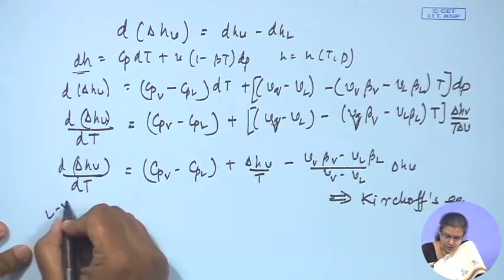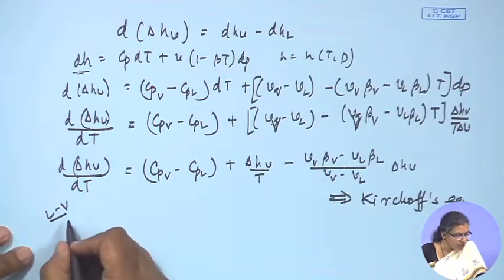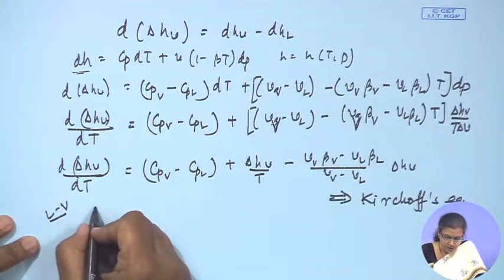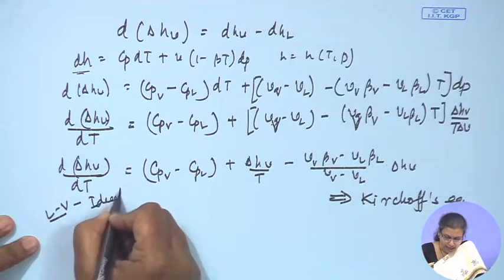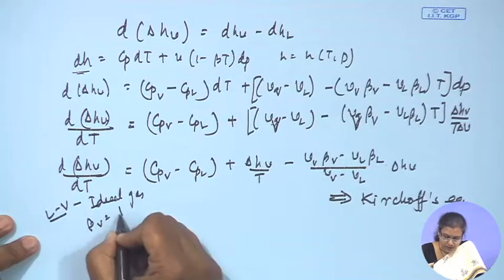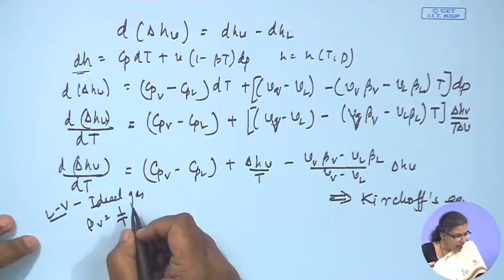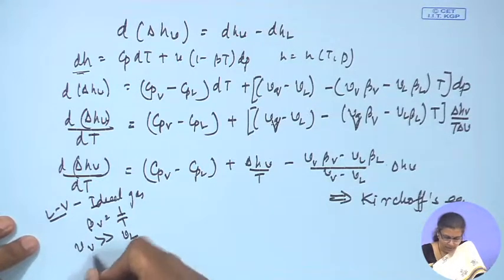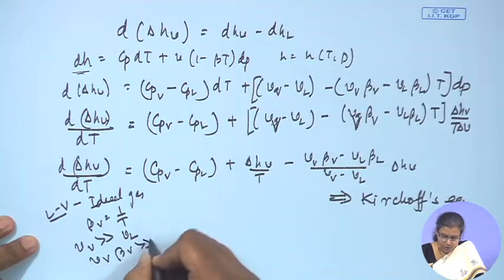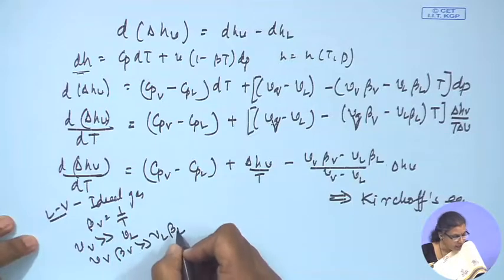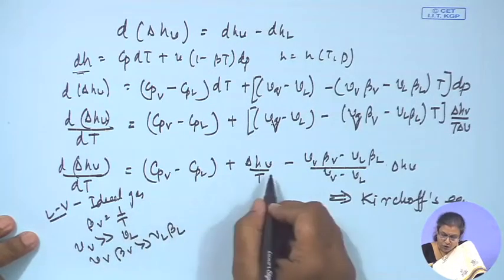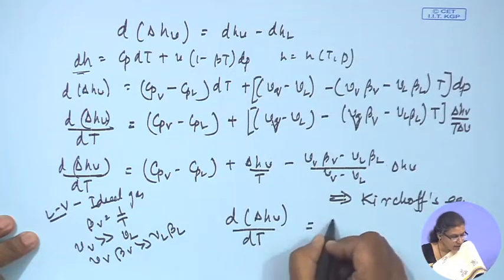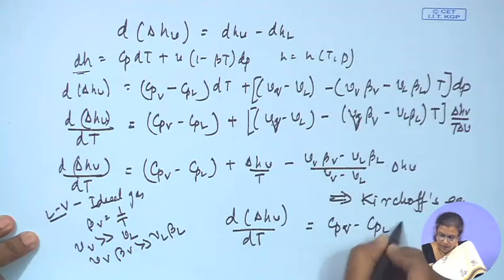This is primarily for the liquid vapor transition. In this particular case it is important for us to remember that if we assume that the vapor phase is an ideal gas, then beta V is nothing but equal to 1 by T, and if we assume that Vv is much greater than Vl, as a result Vv beta V will also be much greater than Vl beta L. Substituting all these things here, we finally get d delta Hv dT, that is nothing but equal to Cp vapor minus Cp liquid.